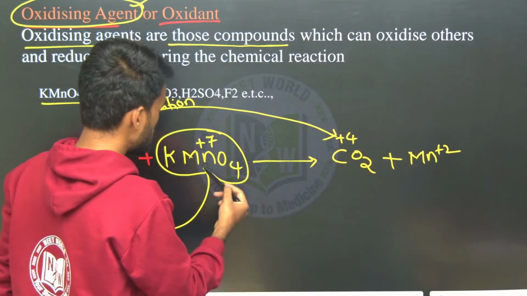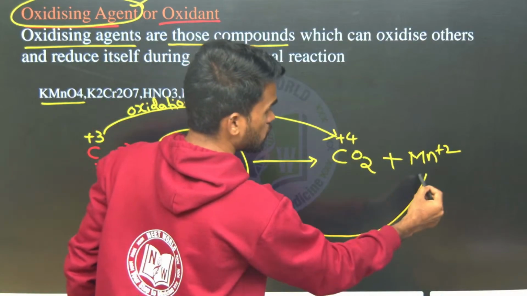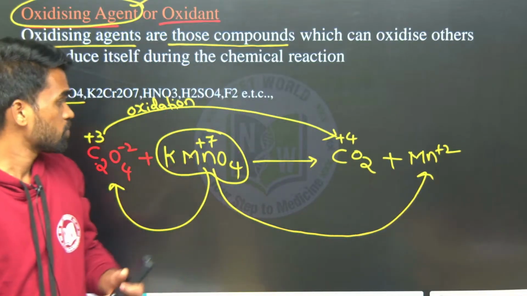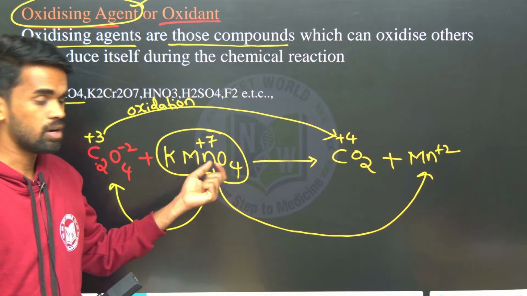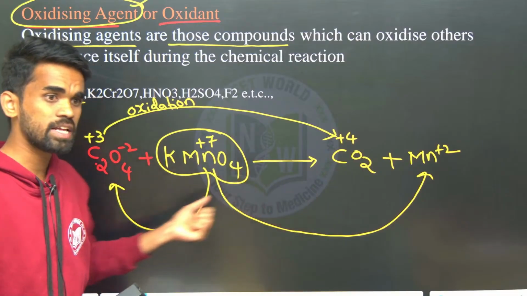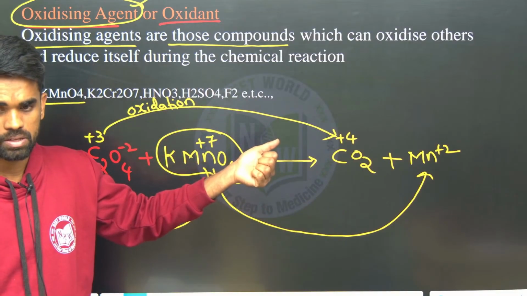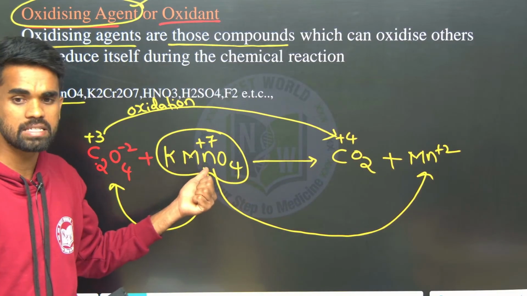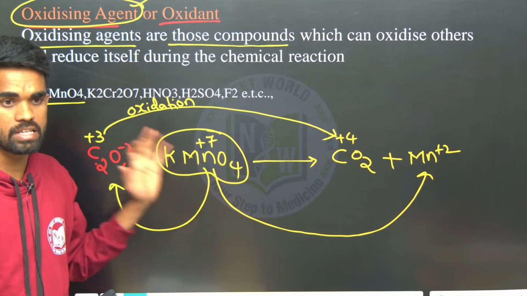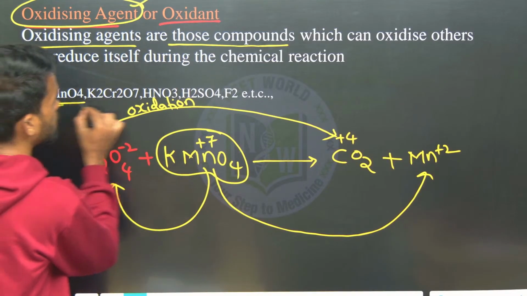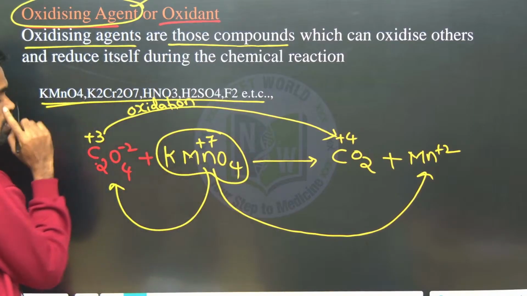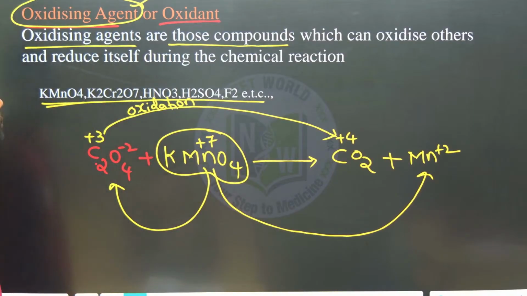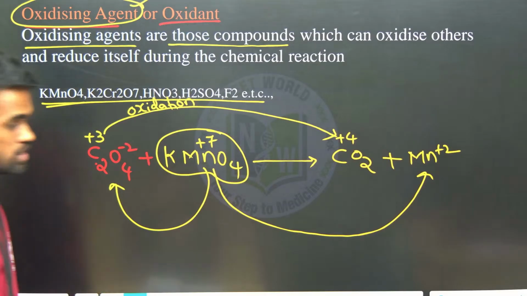So this permanganate is undergoing reduction, meaning the species undergoes reduction and oxidizes others. Those species are considered as oxidizing agents. Examples of oxidizing agents: KMnO4, K2Cr2O7, HNO3, sulfuric acid, F2.